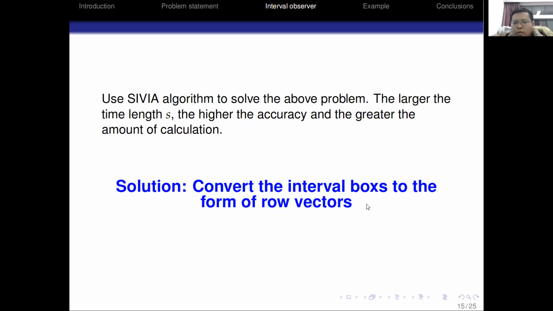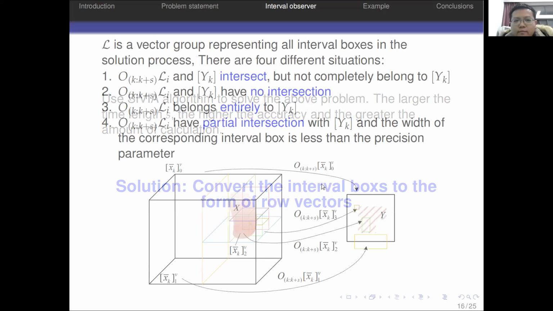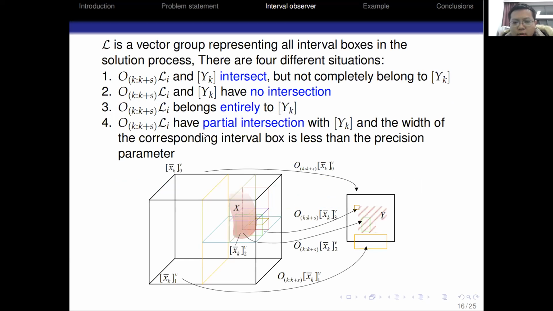We know a matrix has multiple rows, and in this figure we define some different indexes or vectors. L is a vector group representing all interval boxes like this in the solution process. And we can have four different situations.